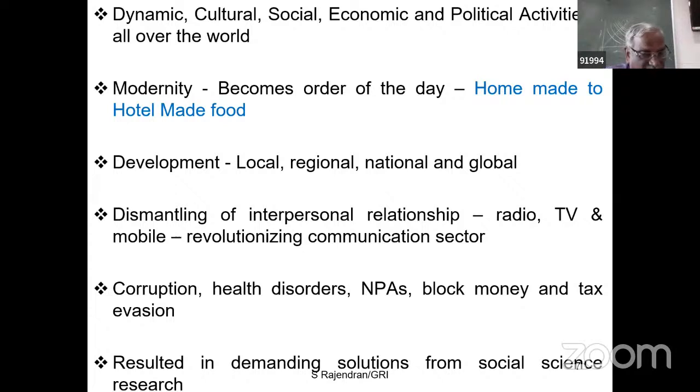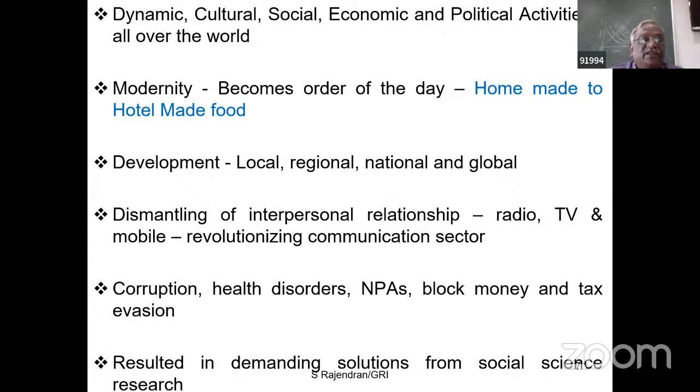And then corruption, everywhere. Without corruption, nothing moves. Health disorders, increasing NPAs, and there are voluntary NPAs as well as induced NPAs, black money, and tax evasion. So all these kinds of immoral activities are happening.